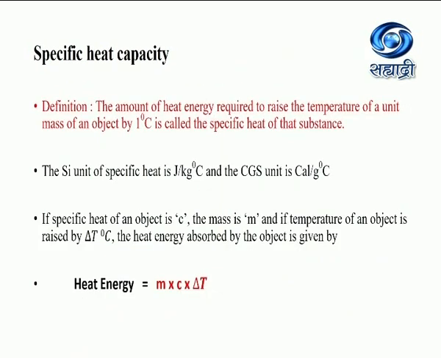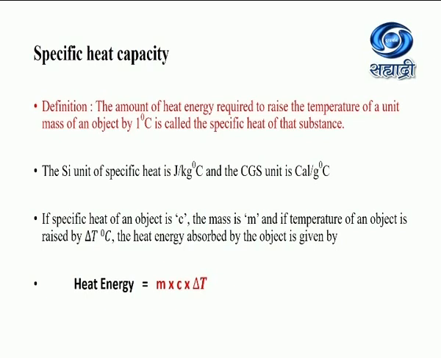Thus, we can define specific heat capacity as the amount of heat energy required to raise temperature of a unit mass of object by 1 degree Celsius is called the specific heat of that substance. The SI unit of specific heat is joule per kg degree Celsius and CGS unit is calorie per gram degree Celsius.